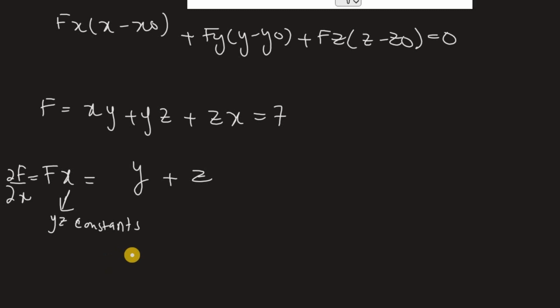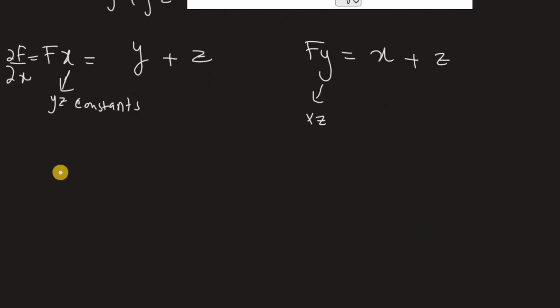Now, what about f_y? For f_y, the partial derivative of f with respect to y, x and z are treated as constants. Here y goes to 1, so we have x only, and here we have z only, and x and z are constants in the last term, and the right side is a constant as well, so the rest is all 0.